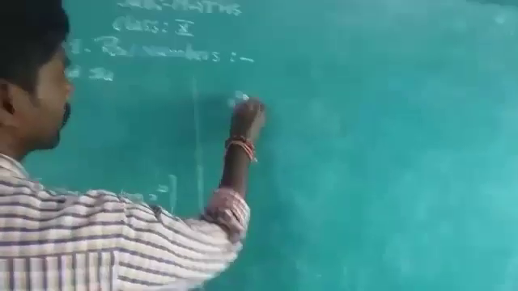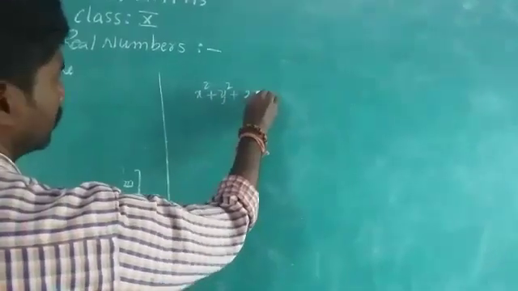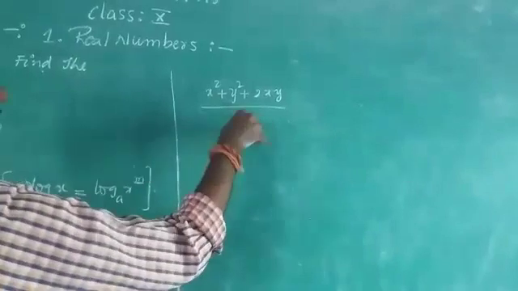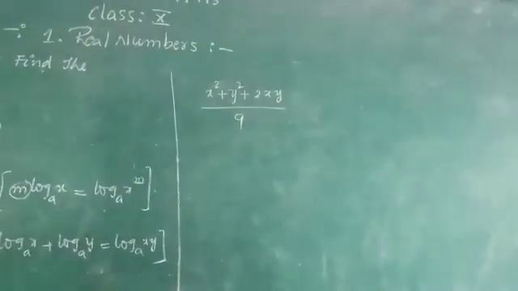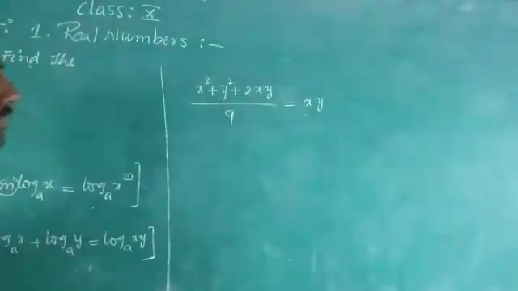So a square means x square plus y square plus 2xy by 3 square, 3s are 9, is equal to xy. Is it clear?